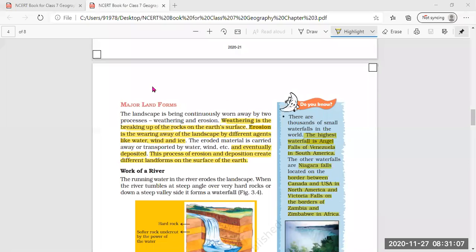Because after some time, automatically the speed of water or wind will lower, and when the speed slows down, that eroded material, those sediments, which were taken away by the fast flowing water or wind, will be deposited on some other area where the speed of water or wind is less. Am I clear?